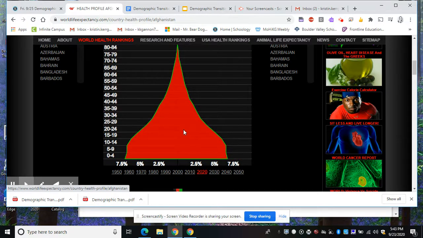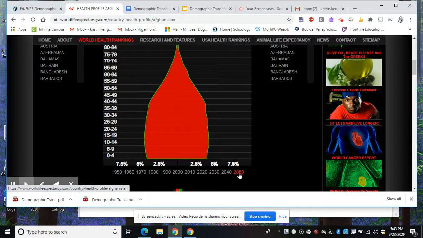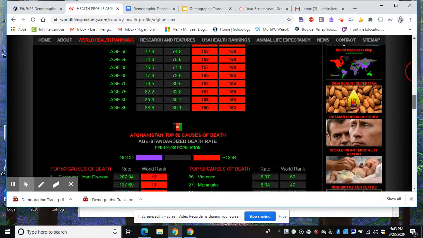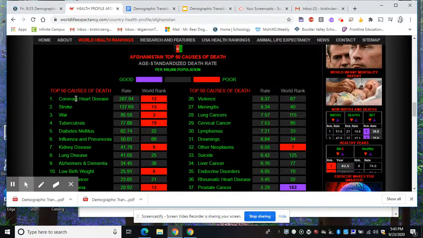They're starting to move to a 3. And then you can move it to the future and you can see Afghanistan's going to move towards a 4. But then let's see how they die. Okay, there's all kinds of demographics here, all kinds of indicators, but coronary heart disease is actually number 1, then stroke, then war. So war is the 3rd way that they're going to die in Afghanistan.